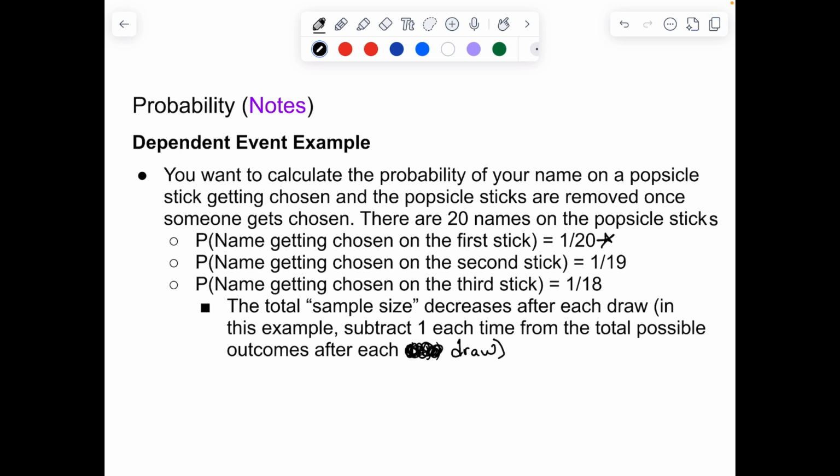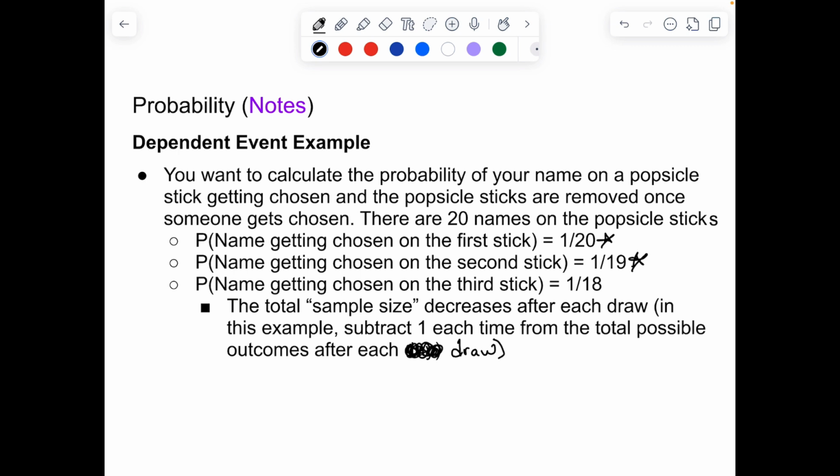If we remove that popsicle stick, and then we are left with 19, on the second draw, you would have a 1 out of 19 chance of your name getting chosen if it was not already chosen.